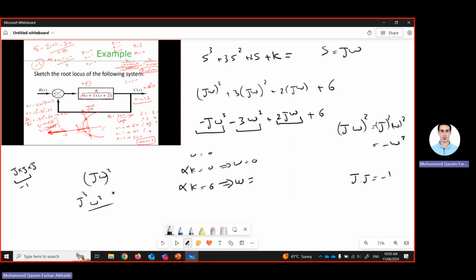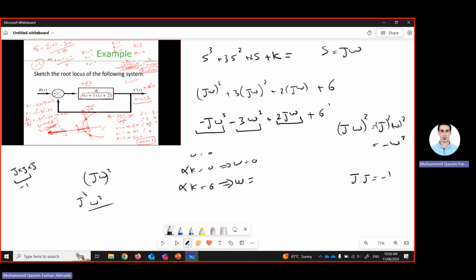Now let's try with k equals 6. Same formula: j omega cube plus 3j omega square plus 2j omega plus 6. Simplify: negative j omega cube, negative 3 omega square plus 2j omega plus 6.